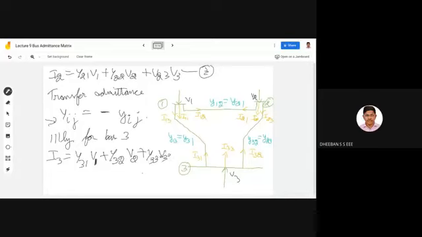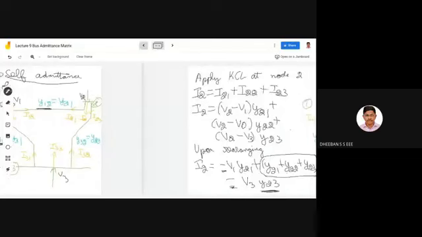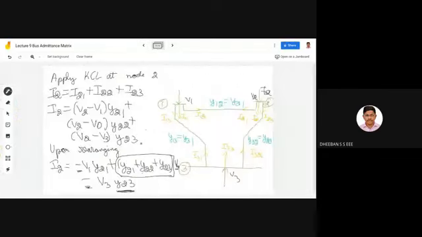Okay, and this you can take as equation 4. So from equations 3, 4 and 2, this is your equation 2.